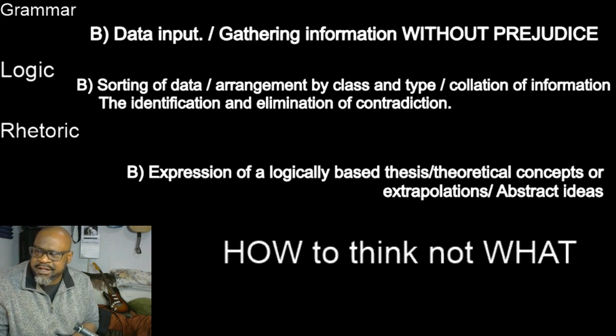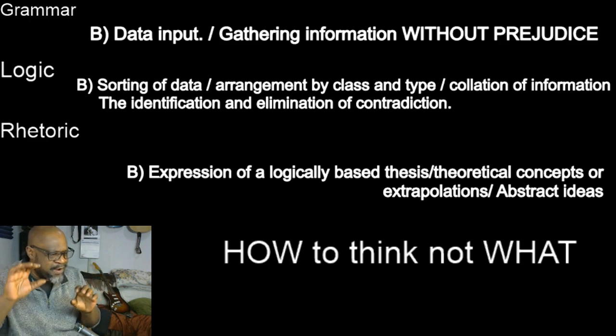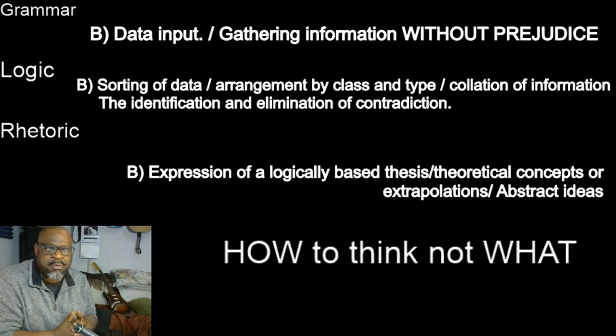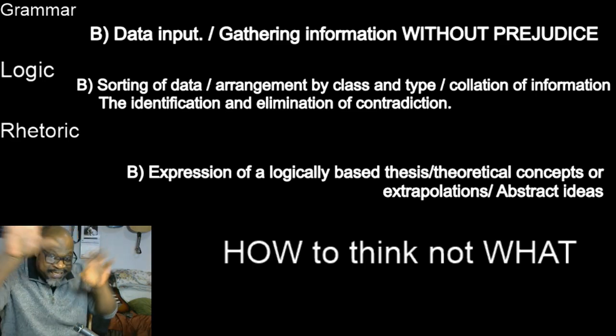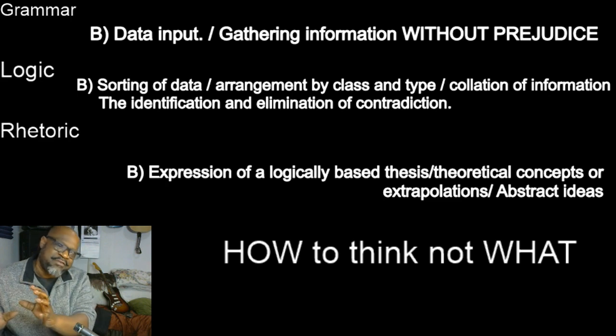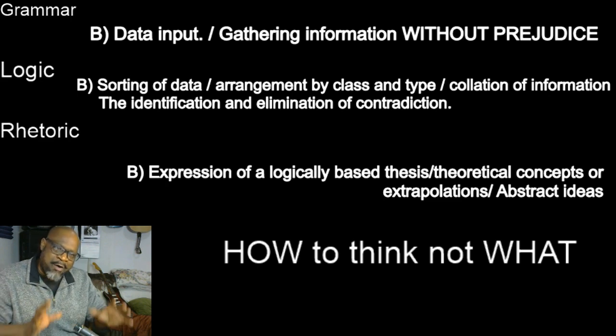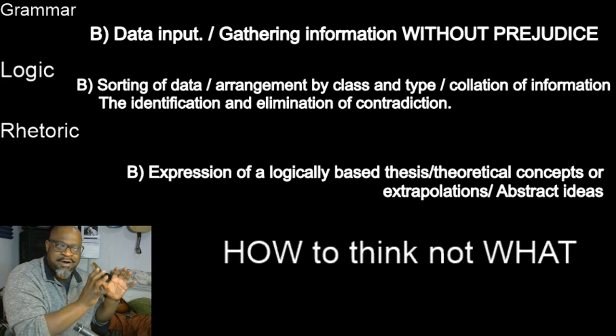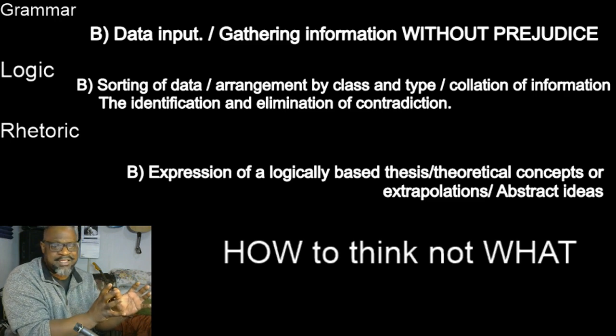We have first gathered data. Now we are processing said data, putting things where they belong, arranging things as they are, which makes it easy to make very accurate comparisons. And it is only after that point that we are then able to advance to the rhetoric stage, where we are able to express a logically based thesis or theoretical concept or any kind of extrapolation or abstract idea based off of our collection of information without prejudice, our analyzing of that data by class and type, and our expression of our new thesis, concept, or idea.